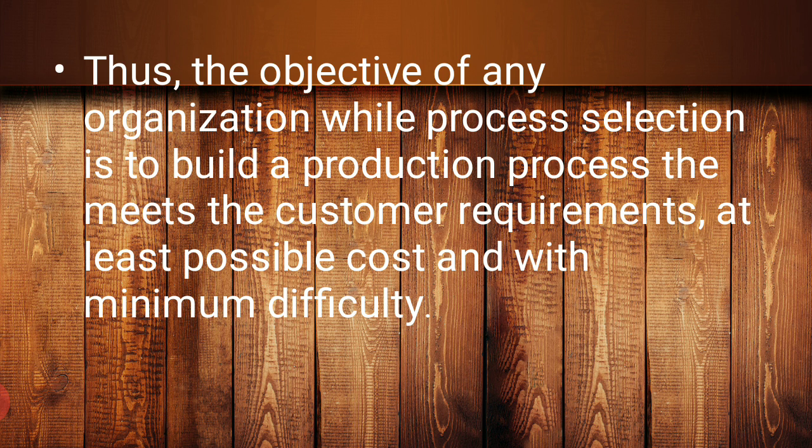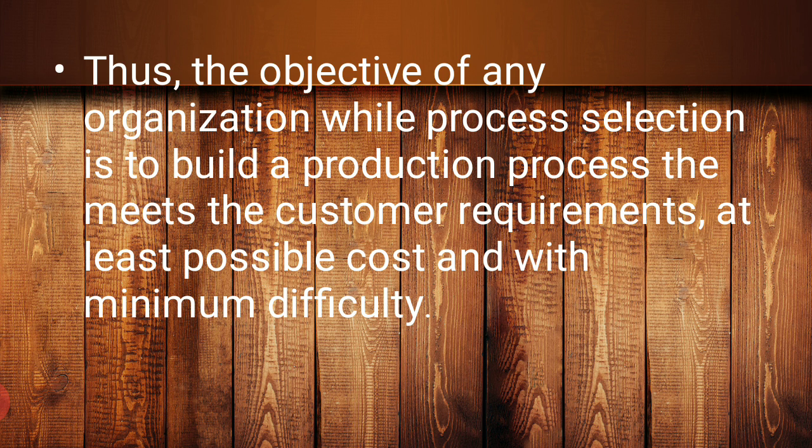be best for him. Thus, the objective of any organization in process selection is to build a production process that meets the customer's requirements at the least possible cost and with minimum difficulty. Very, very important. The ultimate objective of any process selection is that we have to produce a product which provides customer satisfaction on one hand, that means it meets the customer requirements.